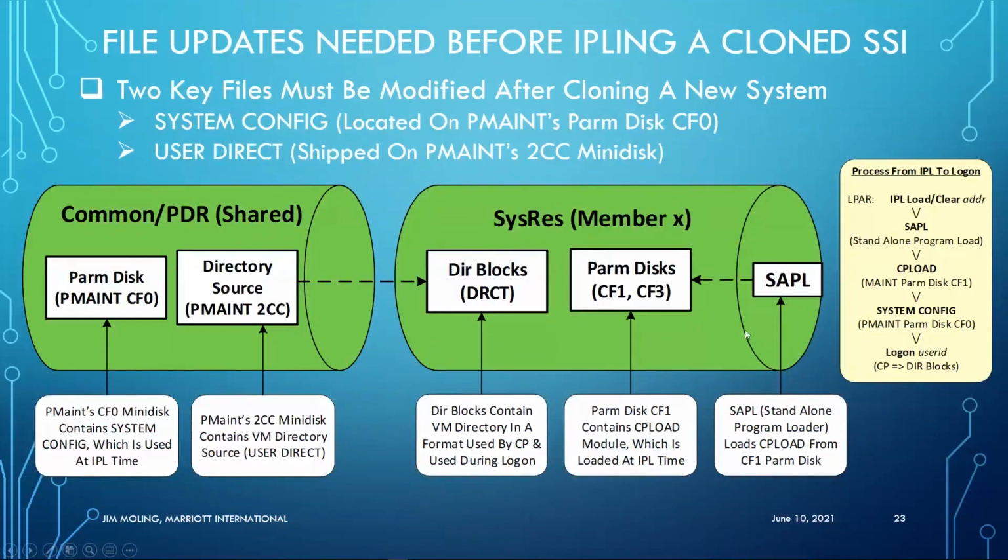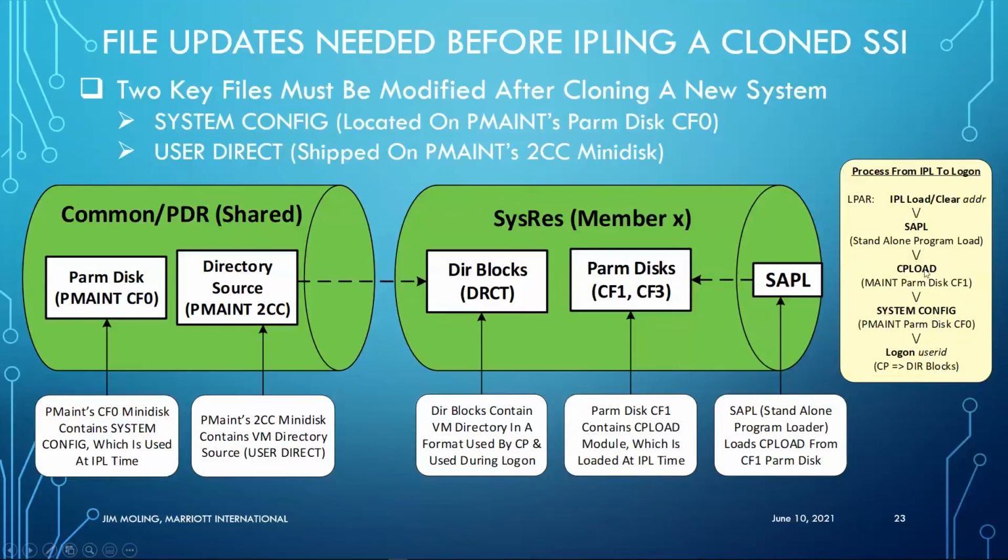Okay, here's that picture I was talking about. It shows the key areas. Over here, we show a quick flow starting at the LPAR level, doing an IPL load clear of the address of your sysres volume. That's going to point to and load the sample program that's in the bootstrap records, the standalone program loader, SAPL. It runs, and it presents a screen that allows you to customize how you want VM to come up.